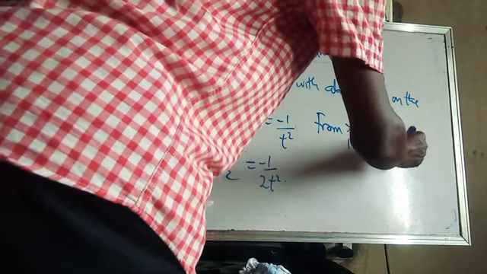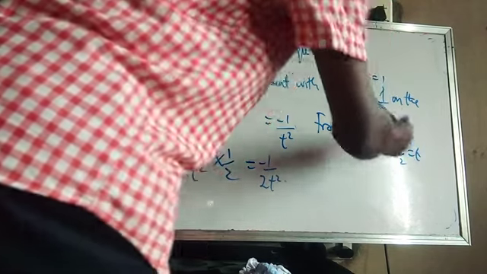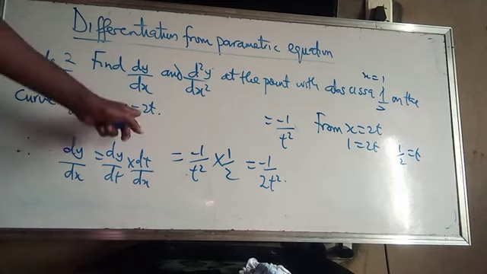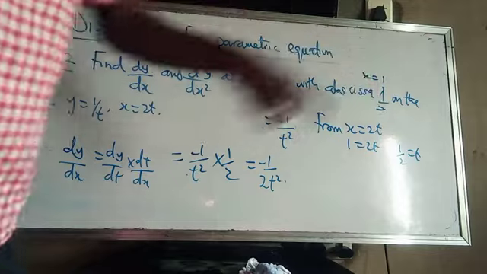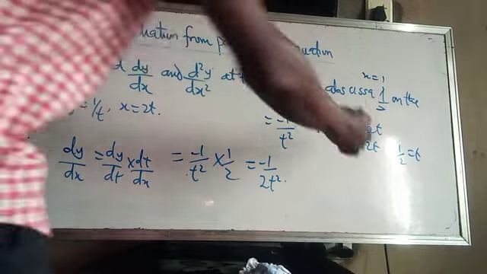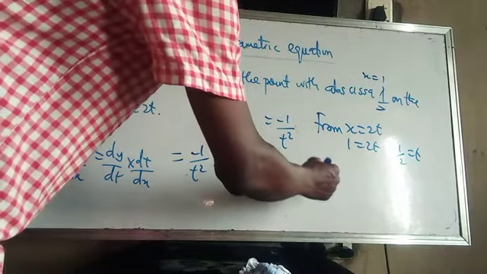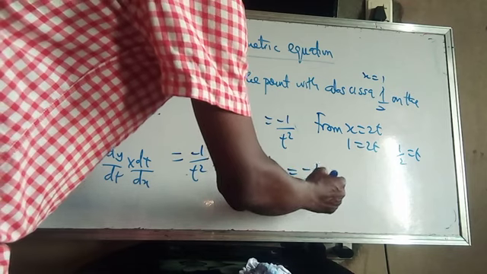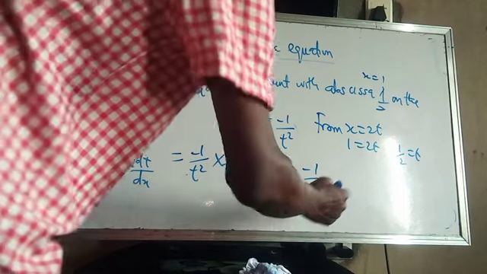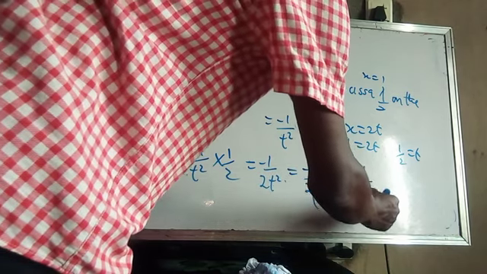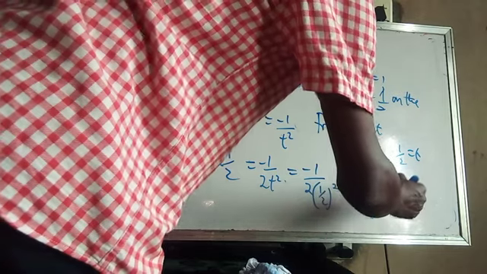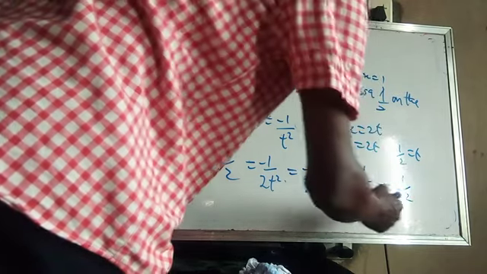So 1 over 2 will be t. We are asked to find at the point where x is equal to 1. So t will be equal to half, which means minus 1 all over 2 times 1 over 2 squared. It's minus 1 all over 2 times 1 over 4.